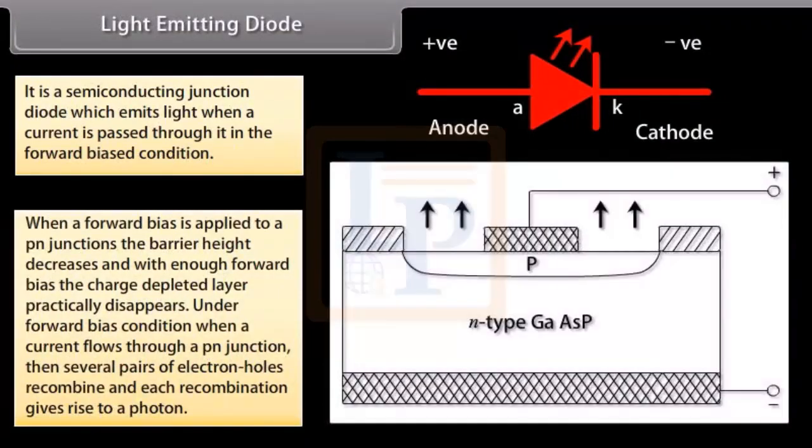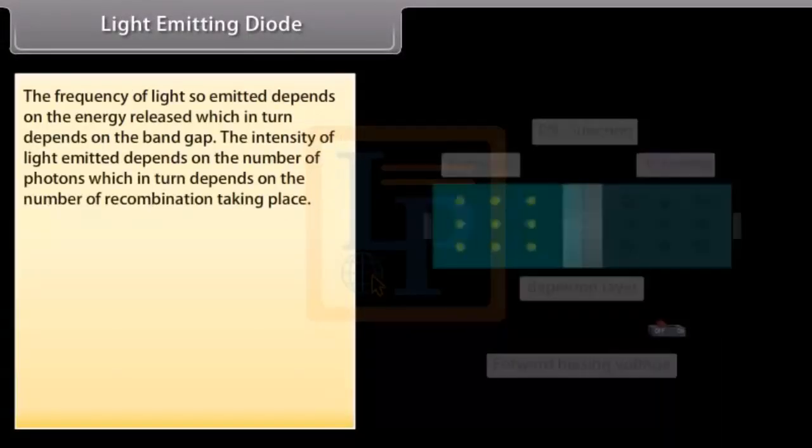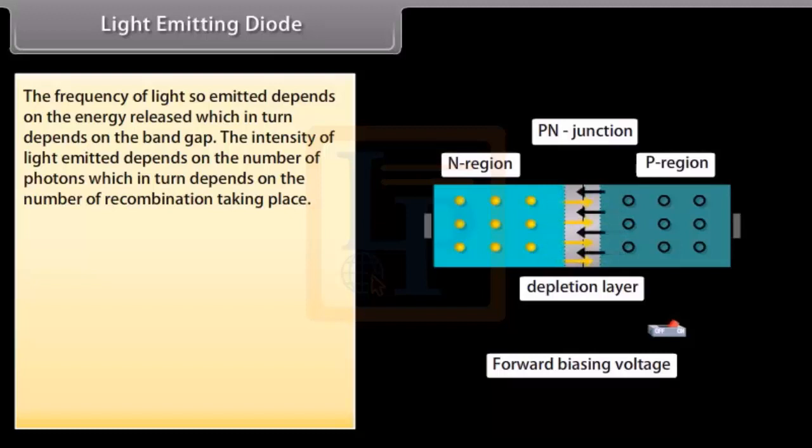When a forward bias is applied to a p-n junction, the barrier height decreases, and with enough forward bias, the charge-depleted layer practically disappears. Under forward bias, when a current flows through a p-n junction, several electron-hole pairs recombine, and each recombination gives rise to a photon. The frequency of light so emitted depends on the energy released, which in turn depends on the band gap.